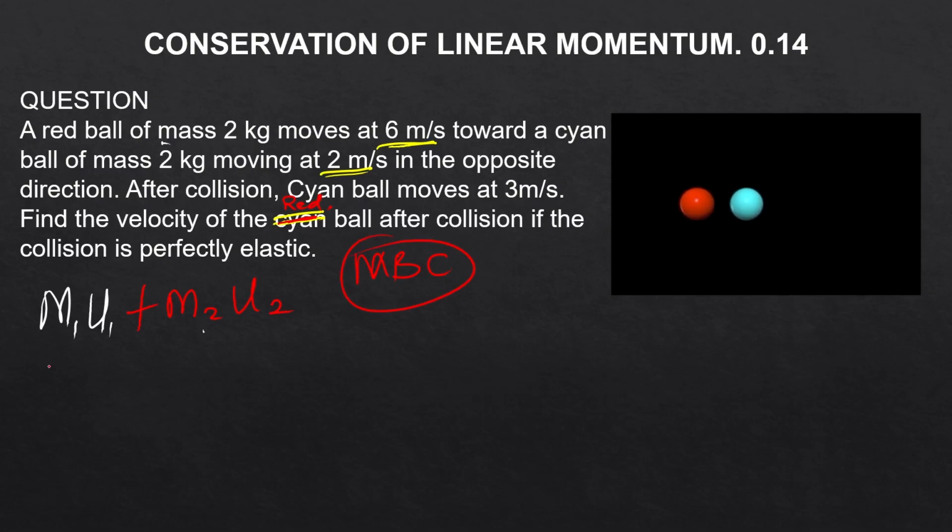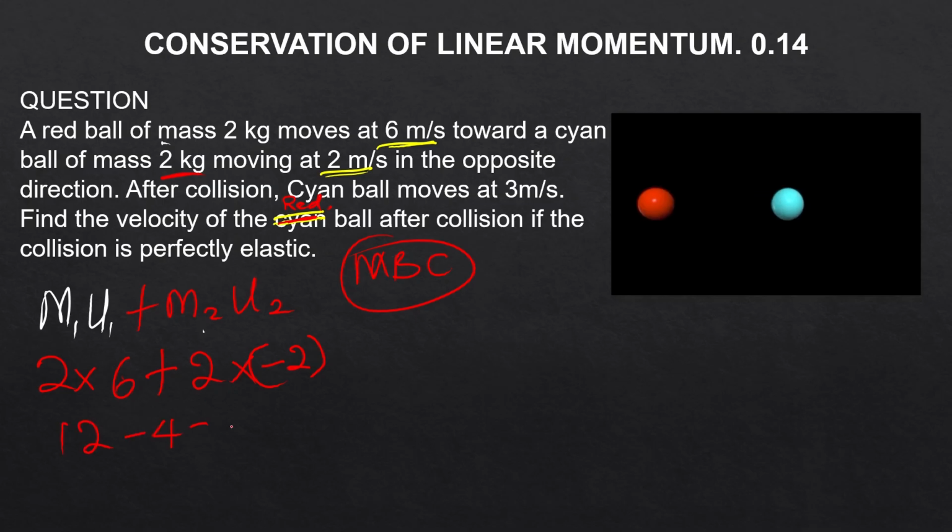So the mass is 2 times velocity 6, plus the same mass 2 times the velocity, which is in the opposite direction. So this is 12 minus 4, which is 8 kilogram meters per second. So the momentum before collision is 8.